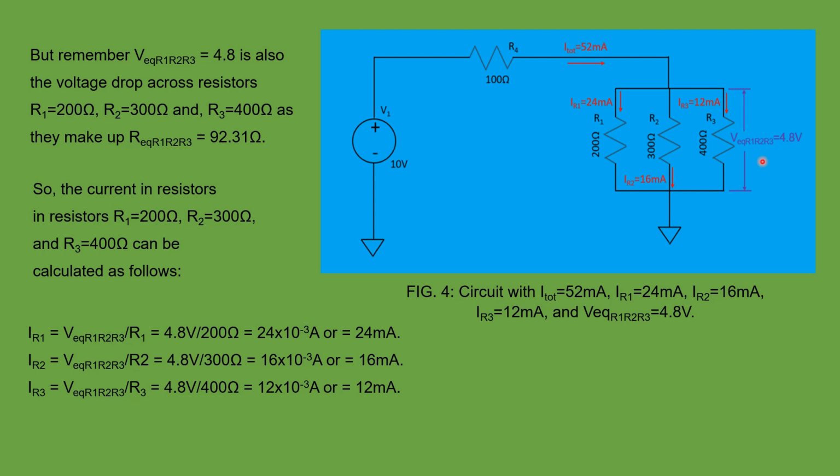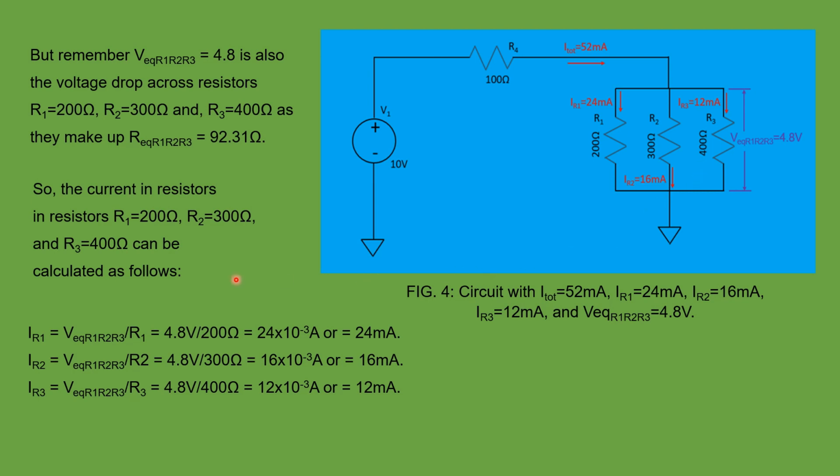is also the voltage drop across resistors R1, R2 and R3. And we've already calculated that these three parallel resistors are equal to 92.31 ohm.